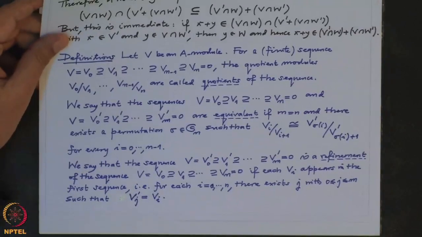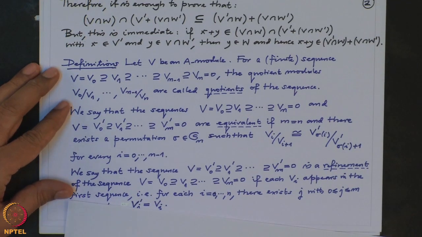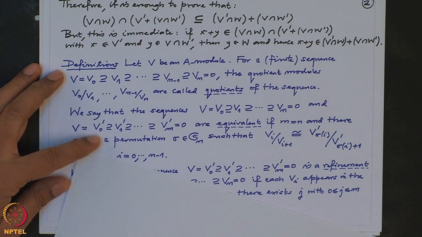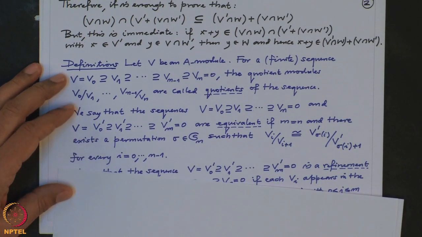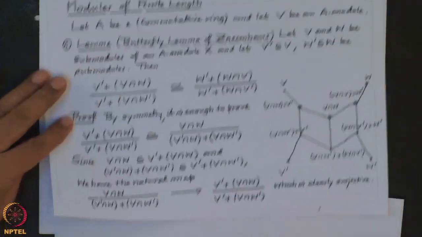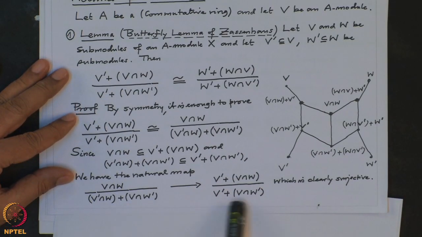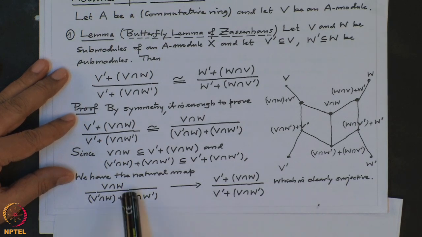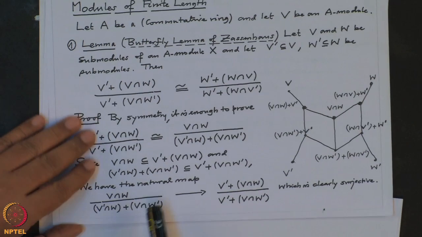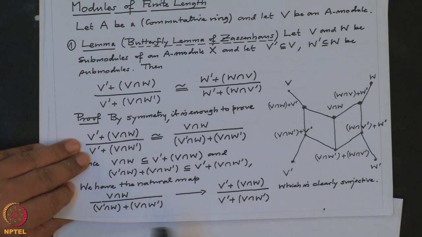Now, therefore, we want to prove that this map is injective, but injective means the kernel should be 0. So, remember here, this is the map.